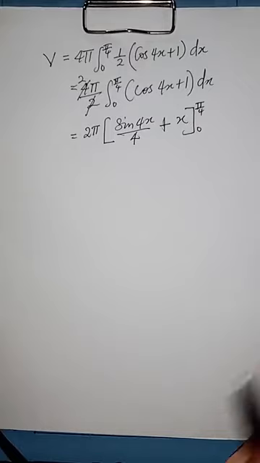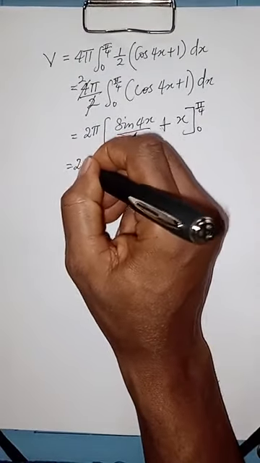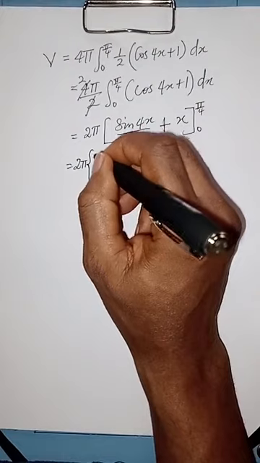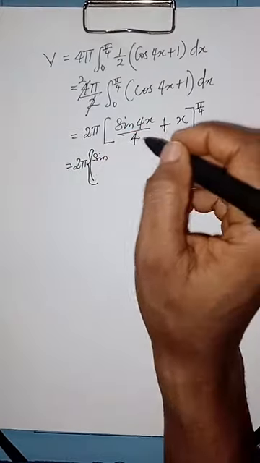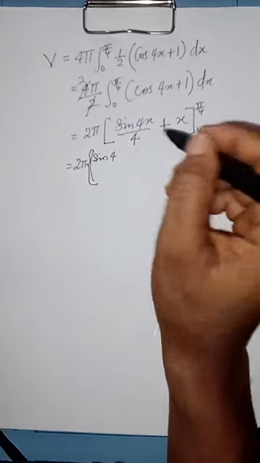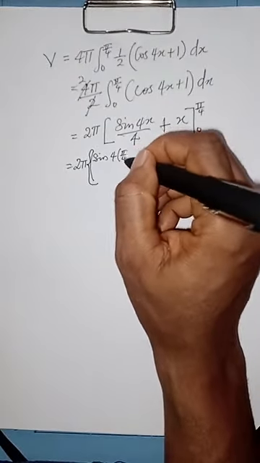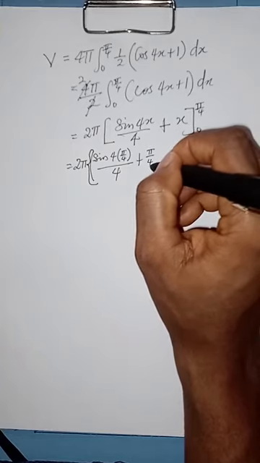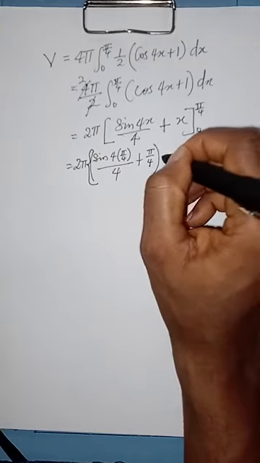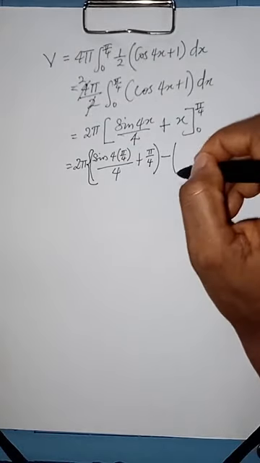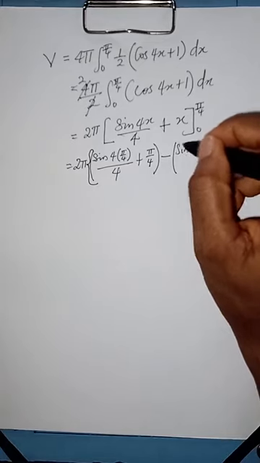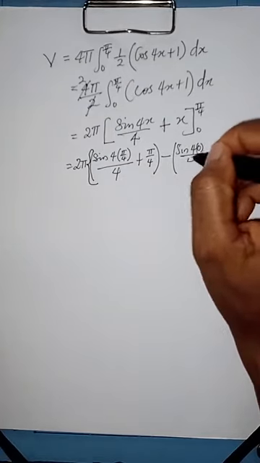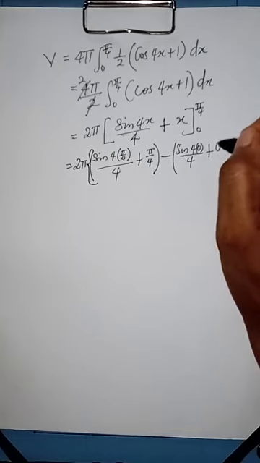So it's time to apply the limits now. Here you have to be very careful of your solution. This is sine for the first bracket: 4, my x is pi divided by 4, over 4, plus pi divided by 4. The minus, I'm going to use the same expression, but this time around it's 0.